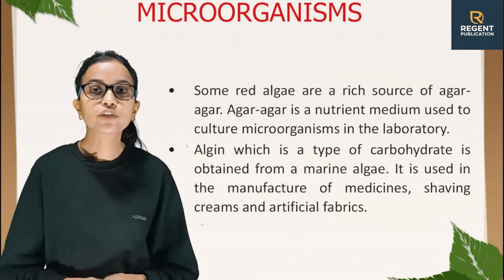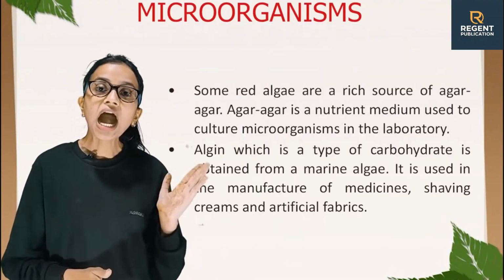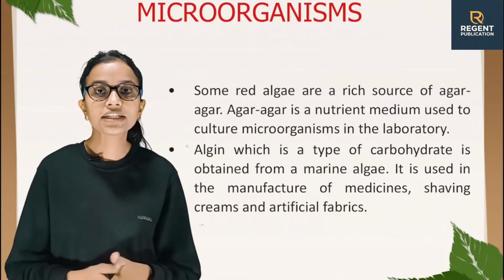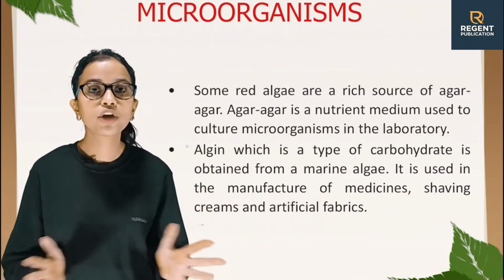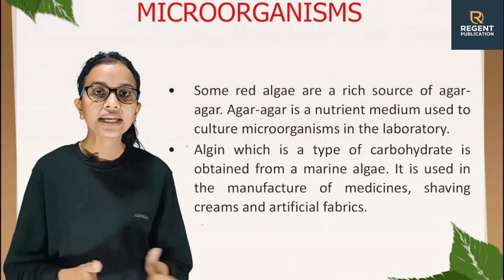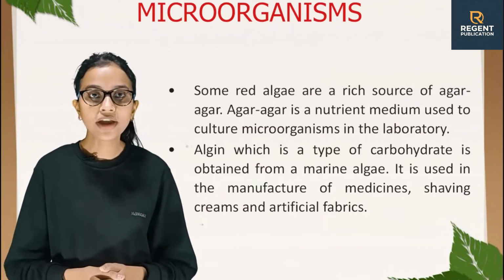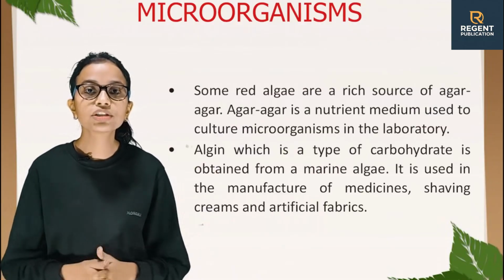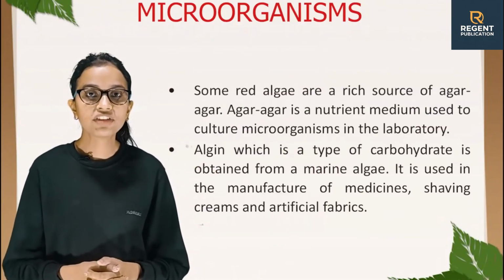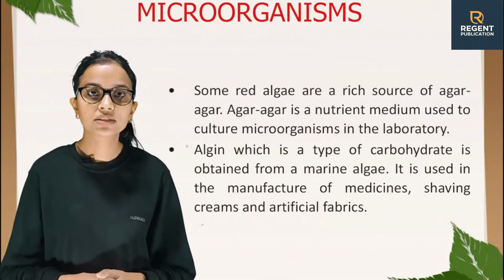Some red algae are a rich source of agar-agar. Agar-agar is a nutrient medium used to culture microorganisms in the laboratory. Algin, which is a type of carbohydrate, is obtained from the marine algae. It is used in the manufacture of medicines, shaving creams and artificial fabrics.